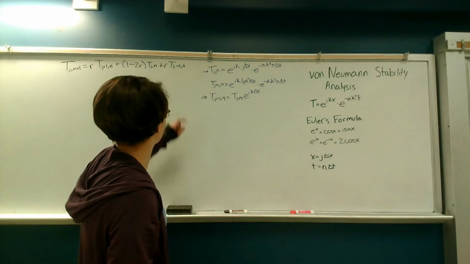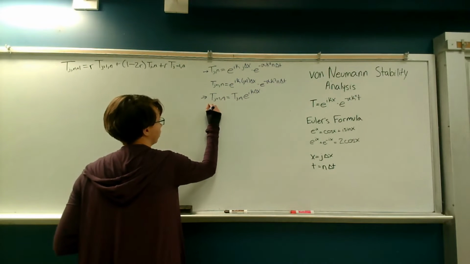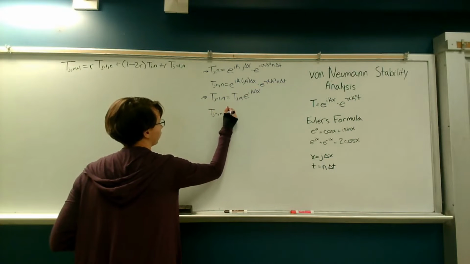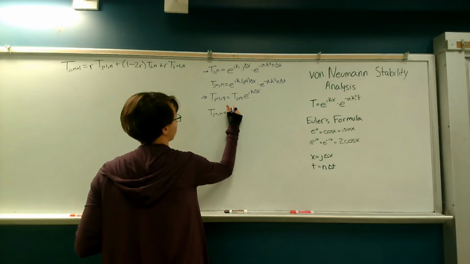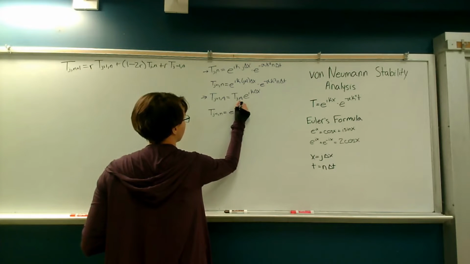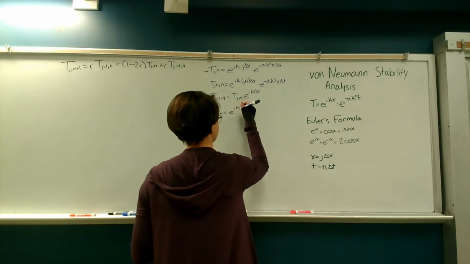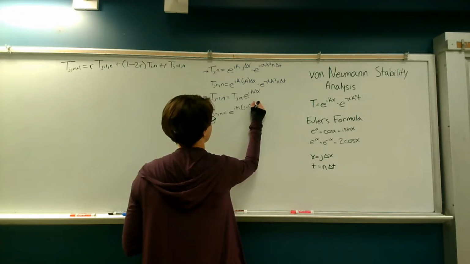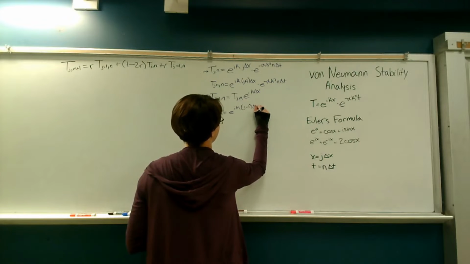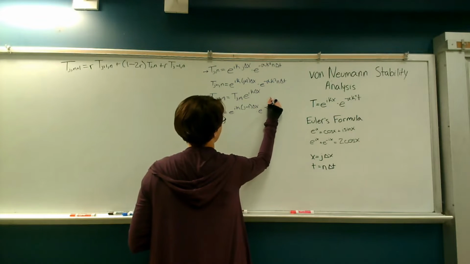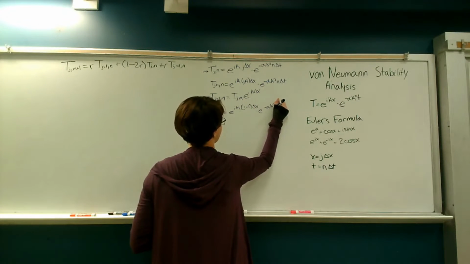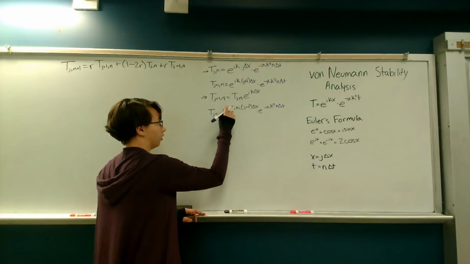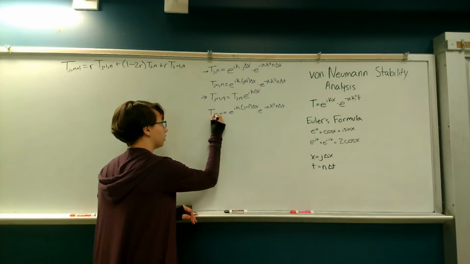So now we also need T at j minus 1, which is similar. So T at j minus 1 at n is equal to e to the i k of j minus 1 delta x, times e to the negative alpha k squared and delta t. And same thing, we can put it in terms of T at j at n.